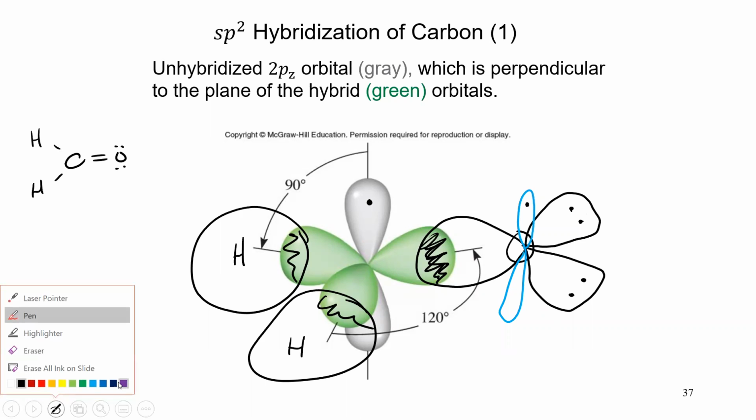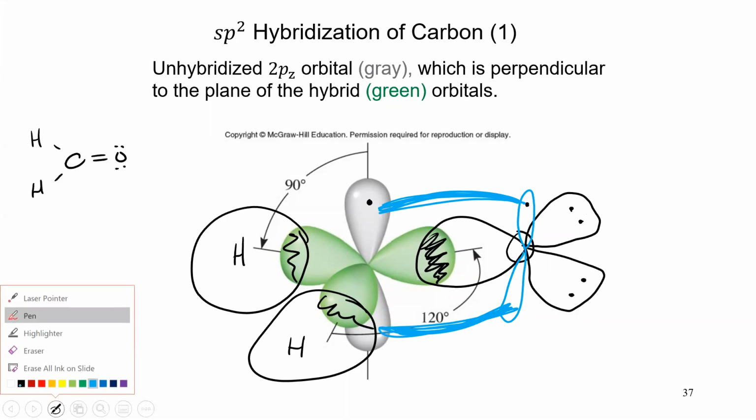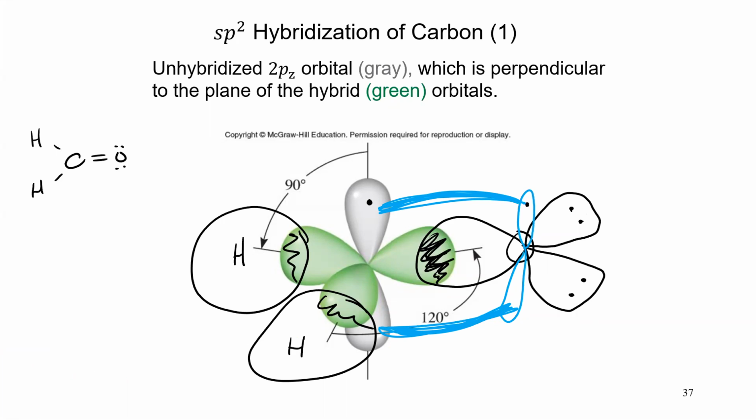And what happens is that extra electron that's unhybridized forms another bond, right? So these 2 regions overlap and form a second bond. So in black here, right, bond 1 is in black.